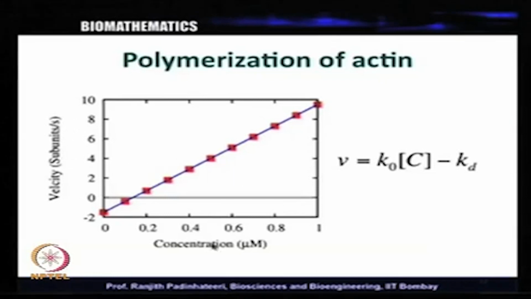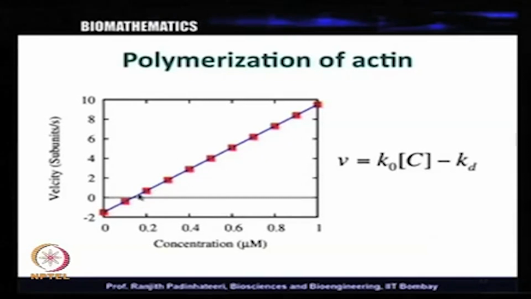So, when the concentration is 1 micromolar, the velocity is just below 10, it is actually 9.5. When it is 0.8, some value here, again 0.7, 0.6, 0.5, 0.4, 0.3, 0.2, somewhere between 0.2 and 0.1, this is crossing the value of 0.